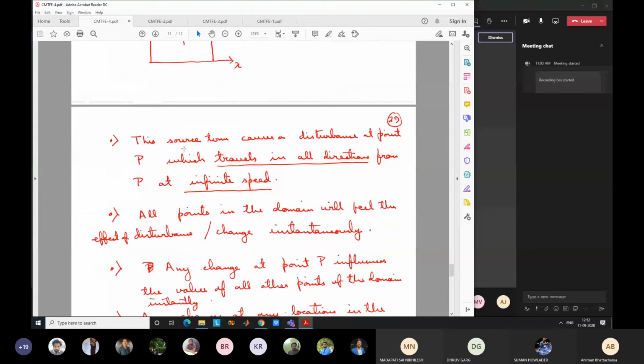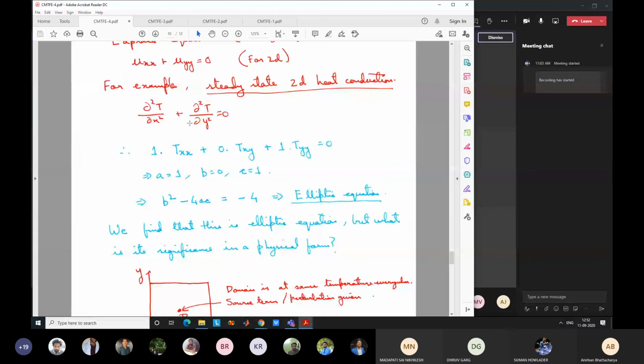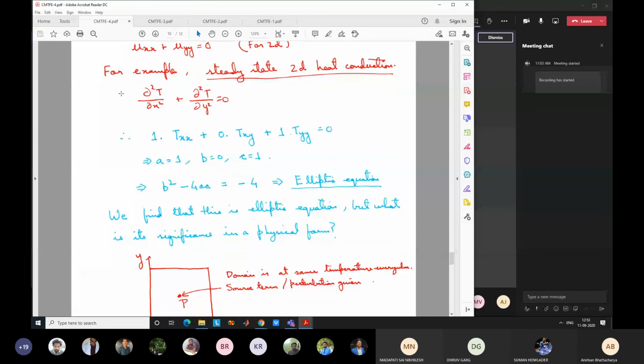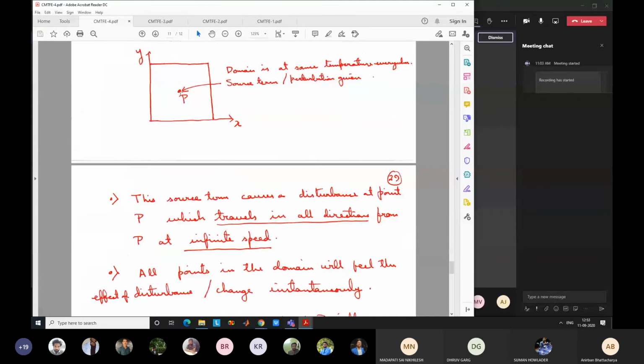Okay. So what is the important physical characteristic of solving this temperature equation? We have not yet come to the characteristic lines or anything. We are just discussing solving this conduction in this 2D problem with some change, perturbation introduced. Any change should be felt by all the other points, and that feeling that something has changed should occur instantly.